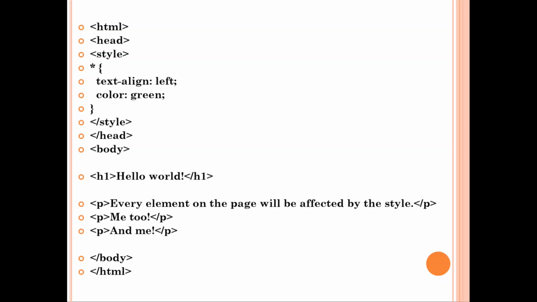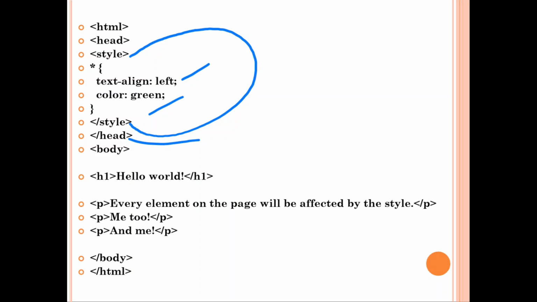Here we have an example of the universal selector. We have taken two properties. You can apply this program by yourself in your systems and try to see the effect of this. Here we have made the text align to the left and the color green, and keep in your mind that this is a style property and comes under the head tag.